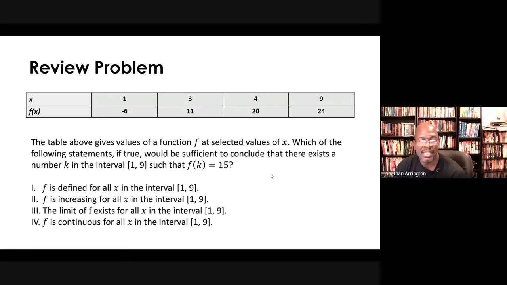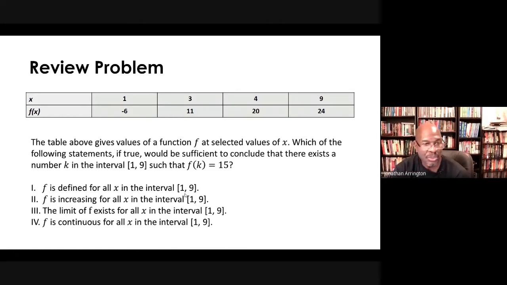Some people assume because these numbers are increasing and these are just selected values, that the whole function is increasing, and we can't guarantee that. But even if we can say that the function is increasing for all values on the interval, once again, it doesn't guarantee that we're going to cross that intermediate value.